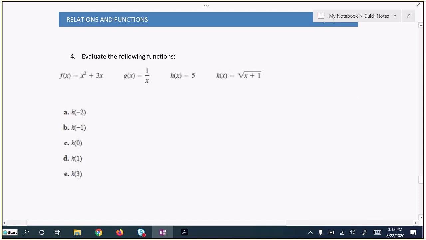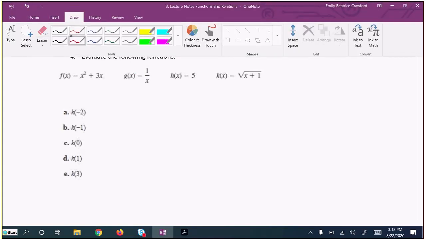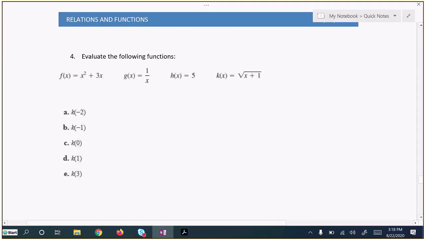Now let's practice our function notation just a little bit more. We're given a function called f, a function called g, a function called h, and a function called k. And we want to be able to evaluate these values. So for a, it asks us for k of -2. K of -2 means putting x equals -2 into the function k.